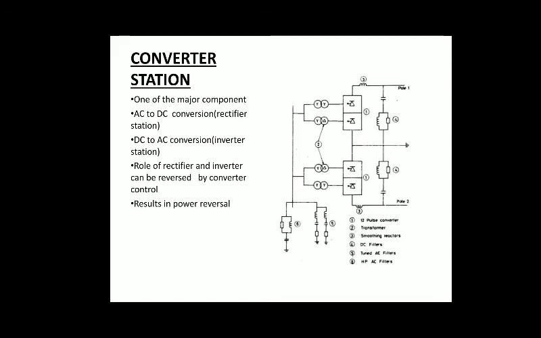The smoothing reactor is nothing but a series inductor, and the DC filter is a combination of capacitor and inductor in series, and after that we get the DC output as desired. So for HVDC transmission to work, we first have to convert AC to DC, and that is why we require converter stations.